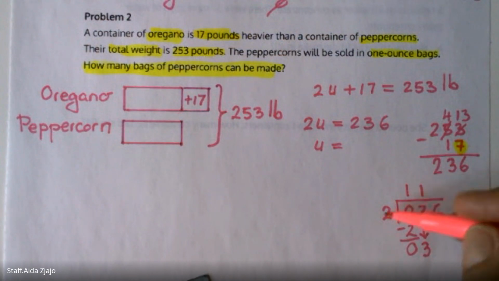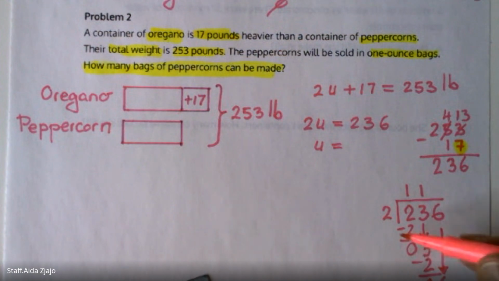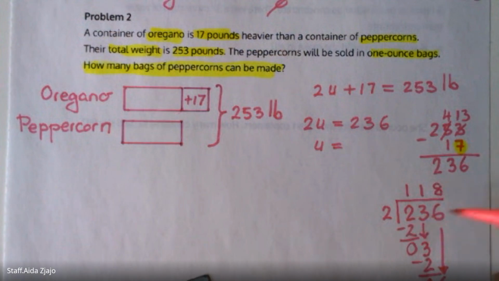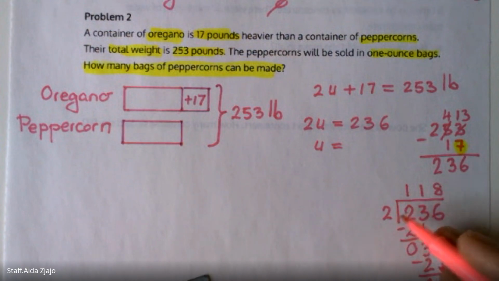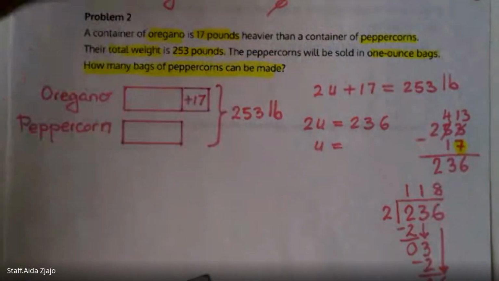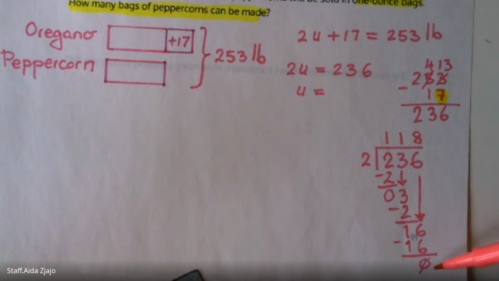Again, 1 can go in each group, and then minus 2. 1 times 2 is 2, 1 is left, and then regroup to 16 ones. 2 times what is 16? There are 8 groups of 2, and that is no leftover. So you bring down 6, and then 2 times 8 is 16. 16 minus 16 is 0.